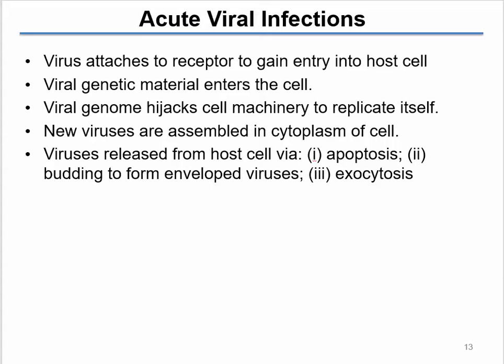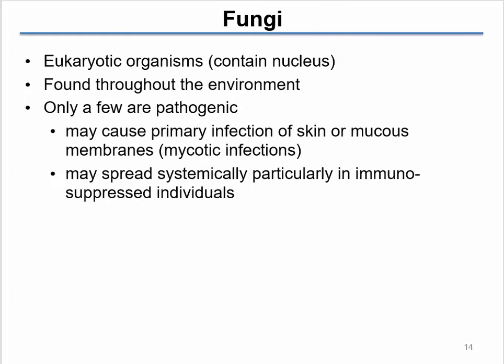Now, the next group of organisms we're going to talk about is the fungi. Fungi are different than the other two because they are eukaryotic organisms. That means that their cells actually have a nucleus, and they have endoplasmic reticulum, they have organelles, and they are organisms. They're everywhere.